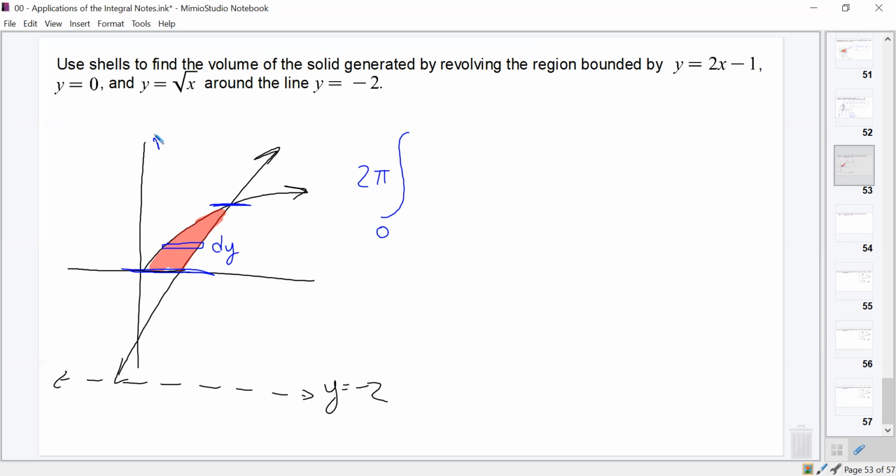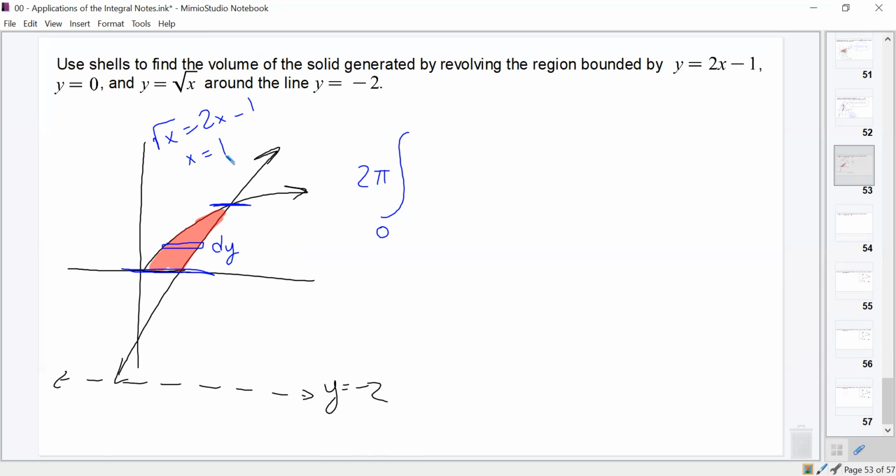And so we'll have to set root x equal to 2x minus 1. With any luck, you just kind of real quickly see that that's x equals 1, by thinking about what the value might be, right? The square root of 1 is 1, and 2 times 1 minus 1 is also 1.